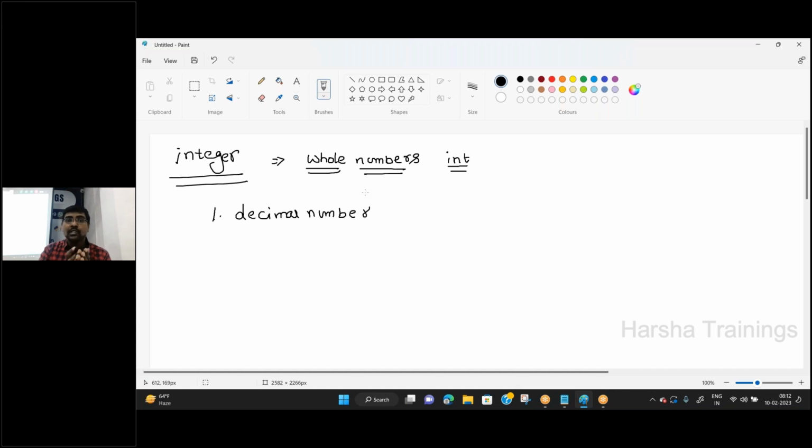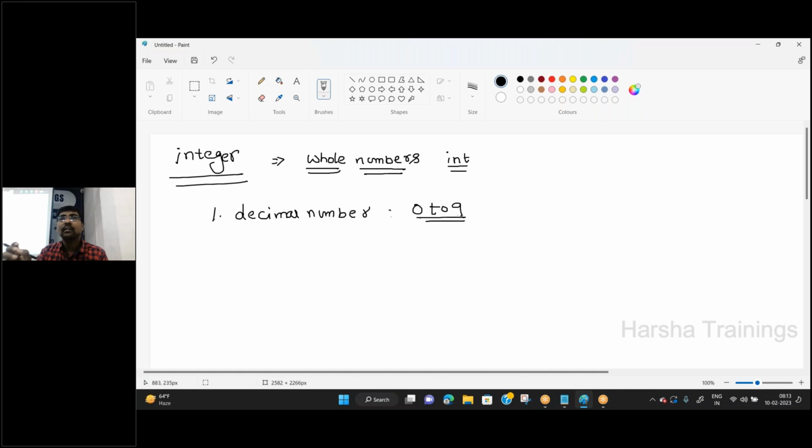Whatever numbers you are using right now are called decimal numbers. Now, for a decimal number, what is the range? Each and every digit is from 0 to 9. Such numbers are called decimal numbers.